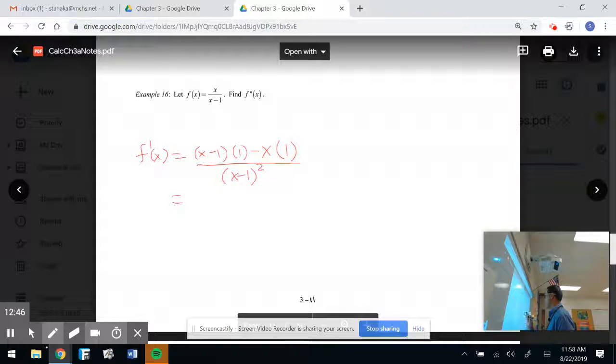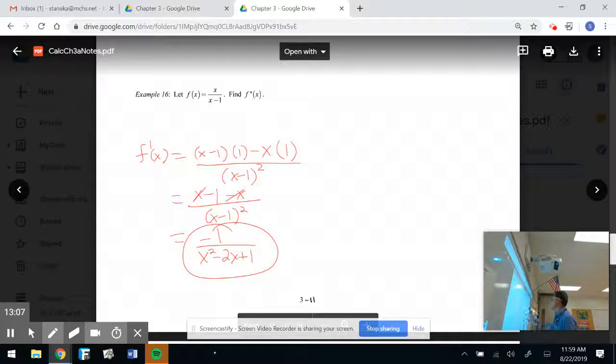Always simplify. Okay, so let's simplify that. Top, x minus 1 minus x all over x minus 1 quantity squared, which would be negative 1. Oh, since I've got to go another time, I've got to FOIL this out, which would be x squared minus 2x plus 1. Because they're asking me to find the second derivative.